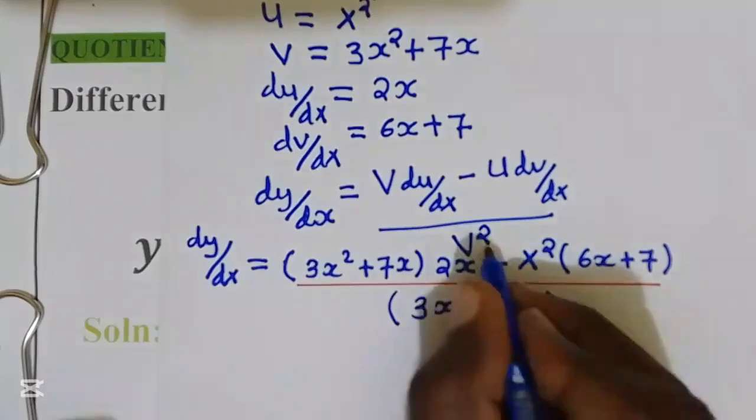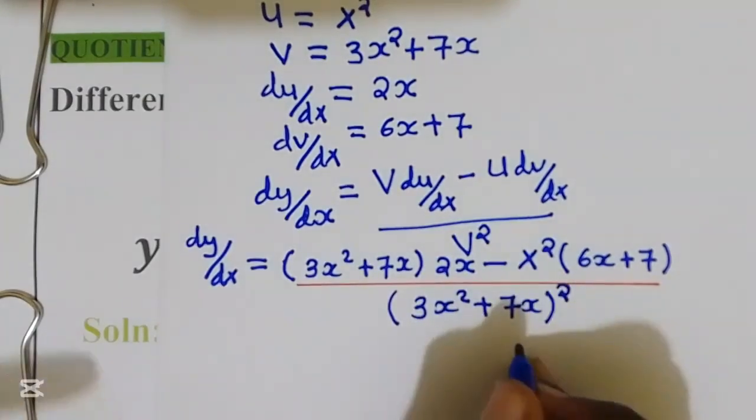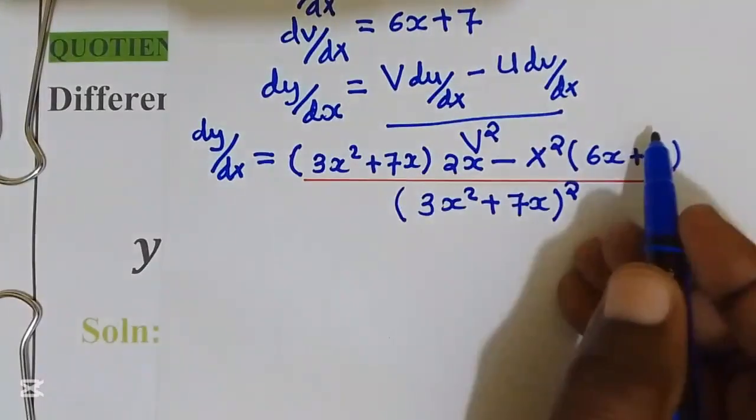But all this one is square. We can simplify our answer.